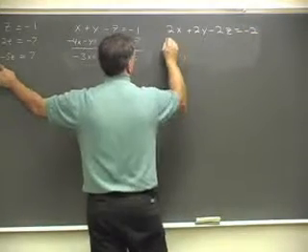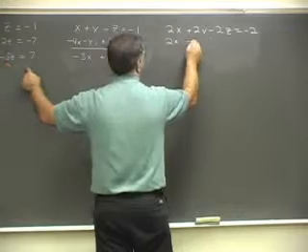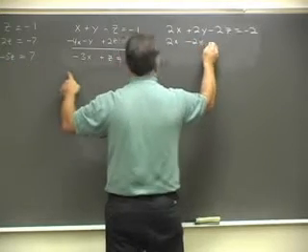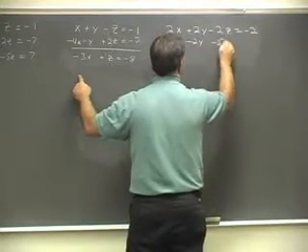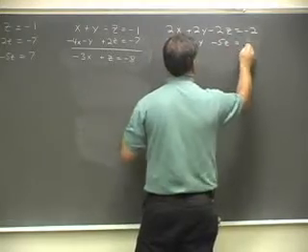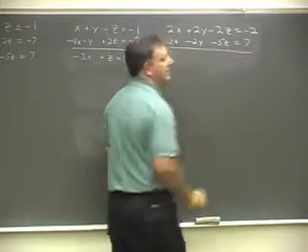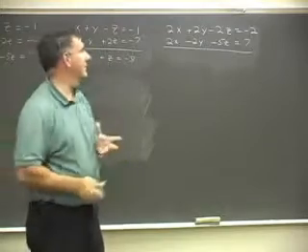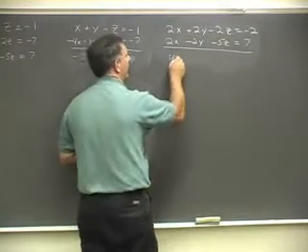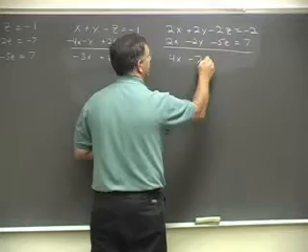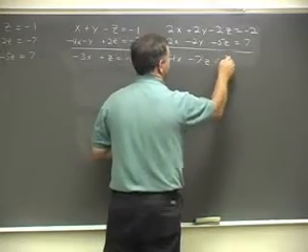Taking this equation, we'll have 2x minus 2y minus 5z is equal to 7. Adding these 2 equations together eliminates the y and results in 4x minus 7z is equal to 5.